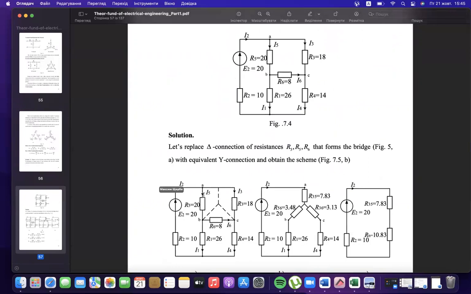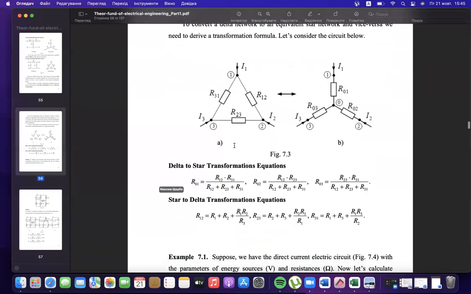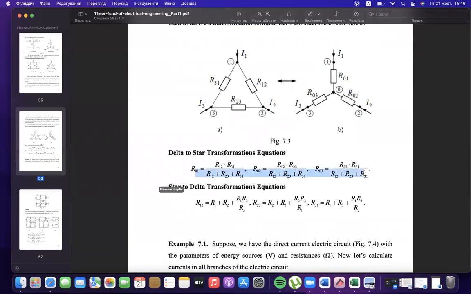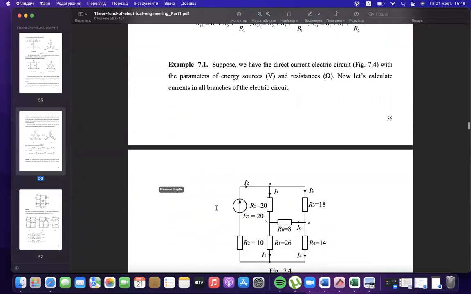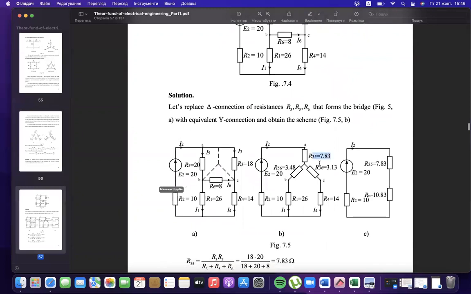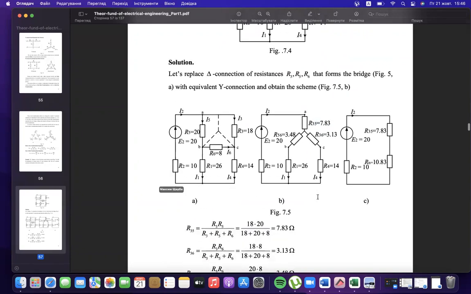In the practical example, we had the initial data of the resistivities of delta, substituted them in the formula like here, delta to star, and obtained the resistivities of a new star. And how could we check? The resistivities of star should always be less than the resistivities of triangle. You could just compare the numbers and see that they are less.